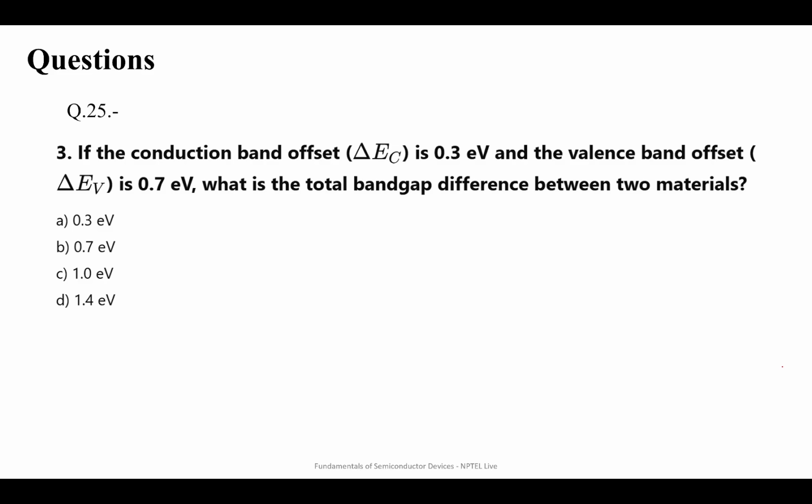So it is 1 electron volt because delta EC plus delta EV equals the band gap difference, delta EG.